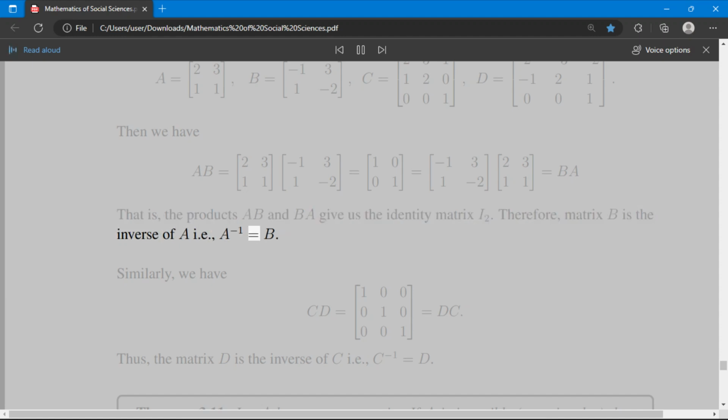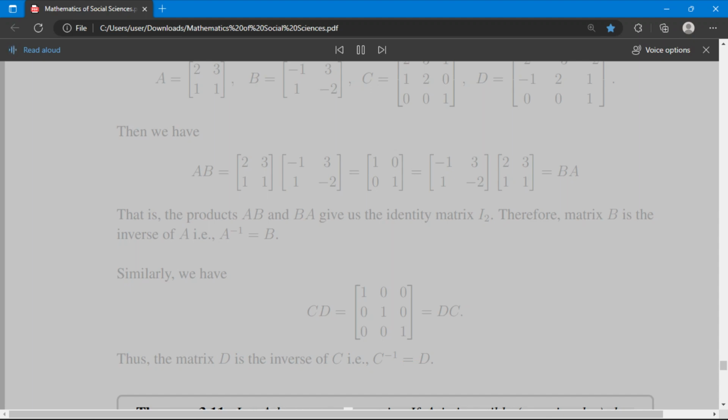Therefore, matrix B is the inverse of A, i.e., A^-1 equals B. Similarly, we have CD equals 1 0 0 0 1 0 0 0 1 equals DC. Thus, the matrix D is the inverse of C, i.e., C^-1 equals D.